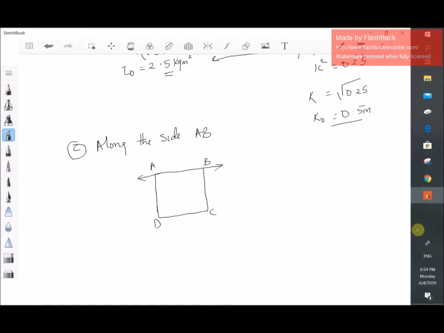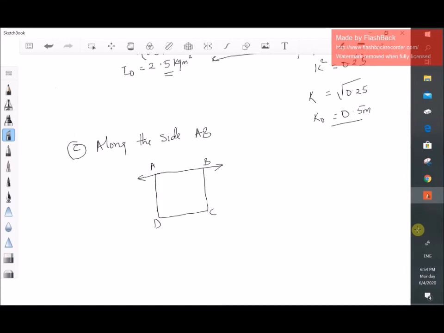So we are asked to find the moment of inertia if the axis of rotation is at AB. That means AB is rotating. Alright? In this case, my distance at A and B is 0.